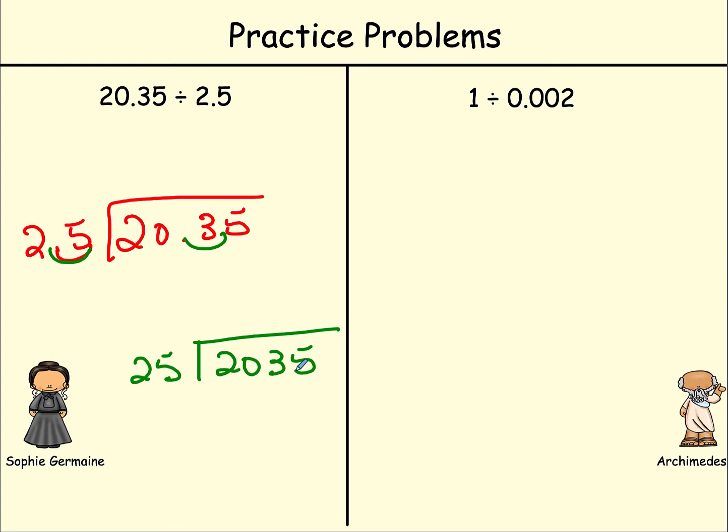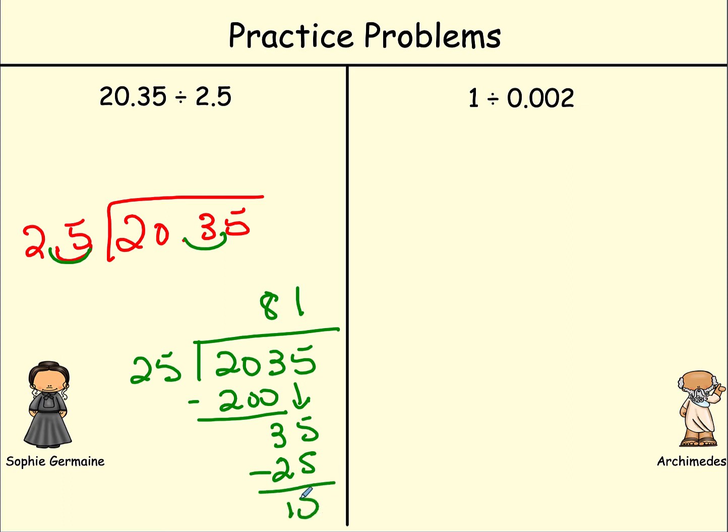Okay, so 25 doesn't go into 20, so now we go into 203, so that goes in 8 times. 8 times 25 is 200, leaving us 3, so now I'm going to bring down the 5. 25 goes into 35 once, so I have 10 left over.